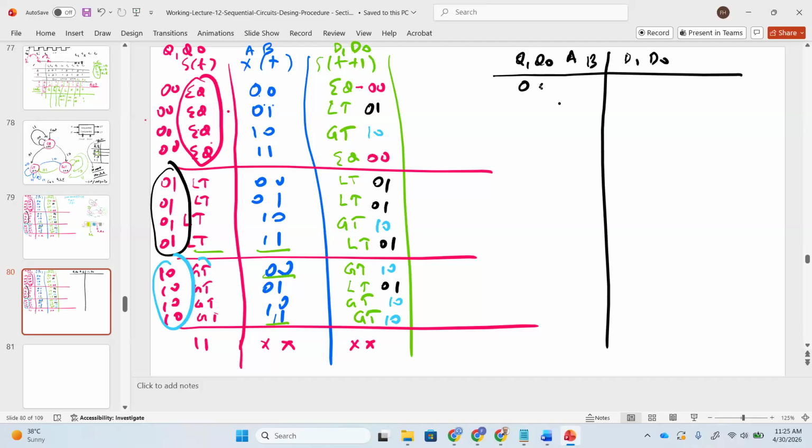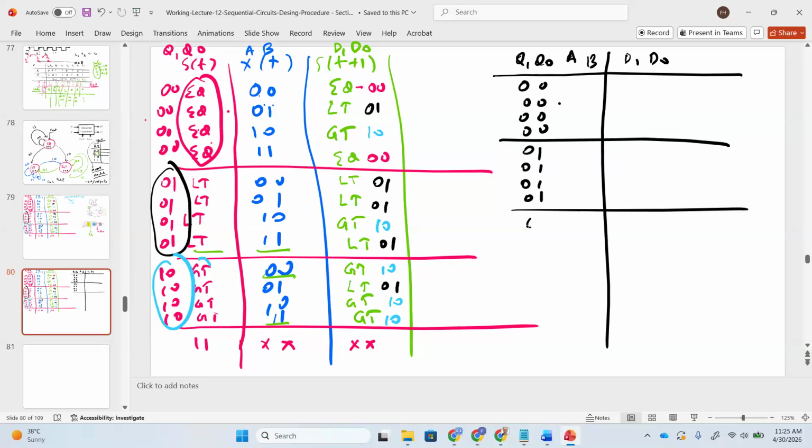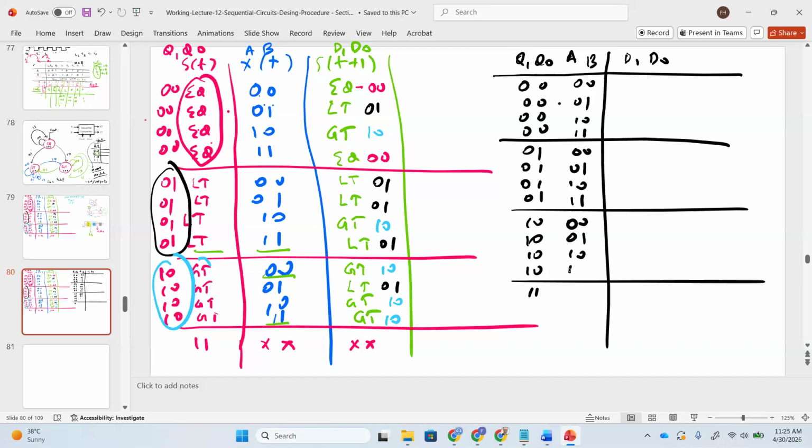So this is actually 0 0 0 0 0 0 0 0, then 0 1 0 1 0 1 0 1, then we have 1 0 1 0 1 0 1 0, and then we have 1 1. Okay, and then we have 0 0 0 1 1 0 1 1 0 0 0 1 1 0 1 1 0 0 0 1 1 0 1 1, and this is XX. Got it? Now D1 is XX.